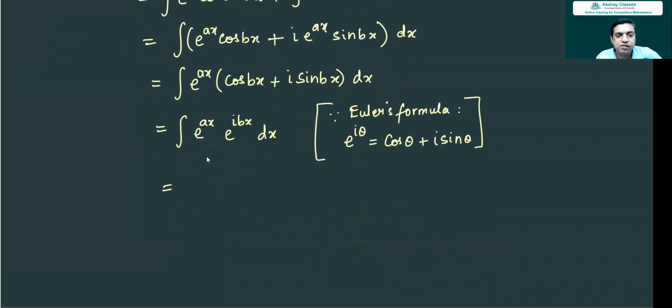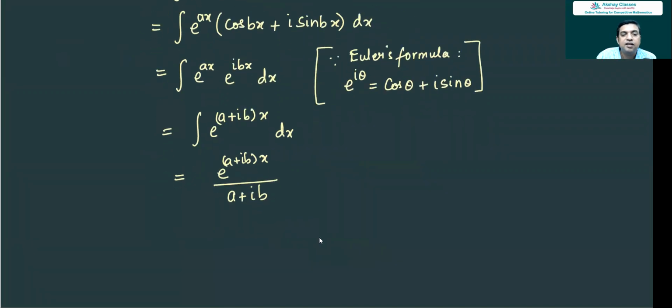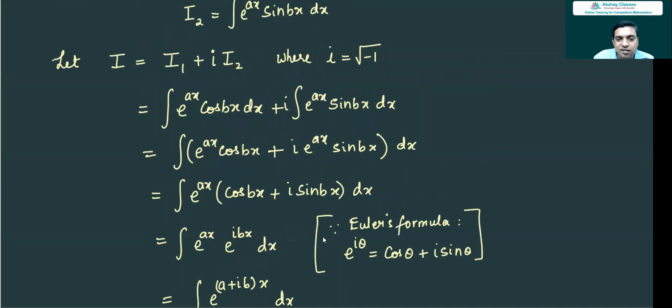Now, this becomes integral of e power a plus ib times x dx. This is an e power ax type integral, where the integral is itself upon the coefficient. Okay. Now, that's all. The integral is done.